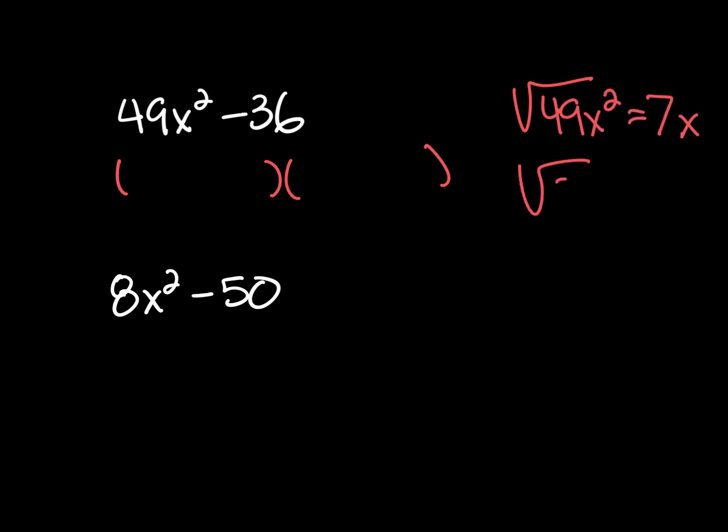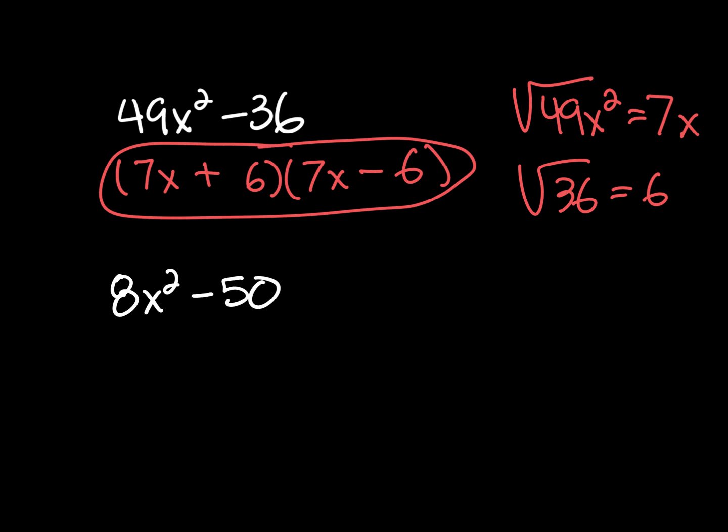And the square root of 36 is 6. So I know my answer is going to be 7x and 7x, 6 and 6. And again, it's going to be one plus and one minus. It has to be one of each, because when I FOIL this, that's how I only get two terms, because the middle terms end up canceling.